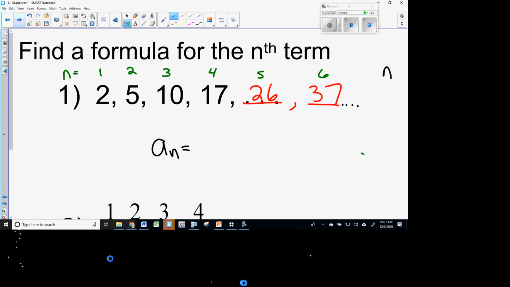I've already told you the answer today. Square plus 1. It's perfect squares. What's 1 squared? 1. What's 2 squared? 3 squared? 4 squared? 16. 5 squared? 30. So for the nth term, it's going to be n squared plus 1.